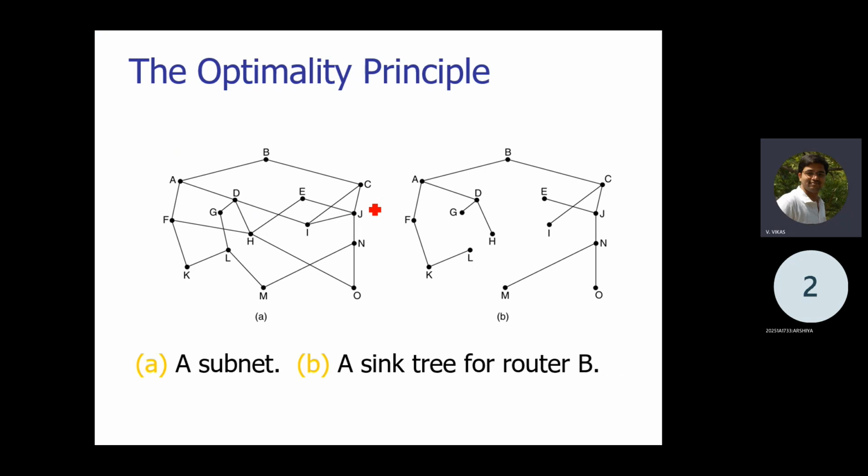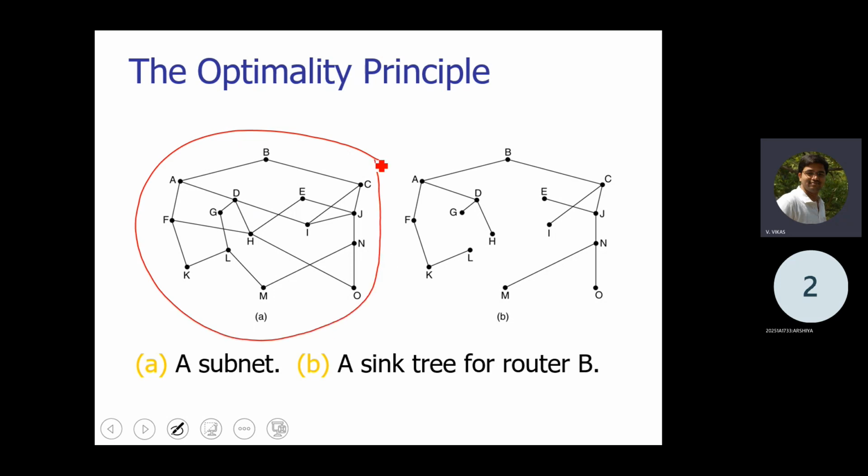We have something called the optimality principle. When we look at the word optimum, what do we understand? That is the best option we have. Consider this is the subnet we have, and let us say I want to start from B and travel to all the nodes in that graph.